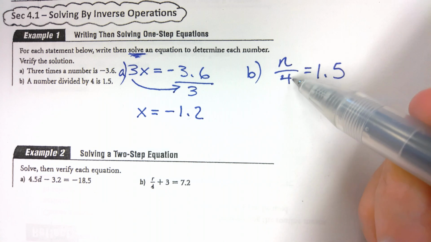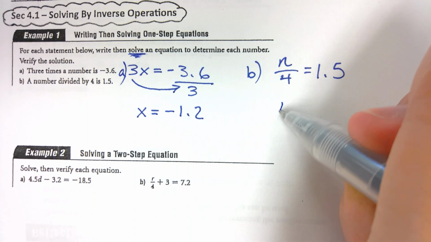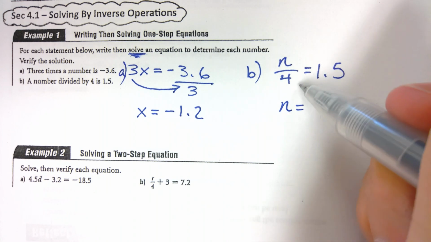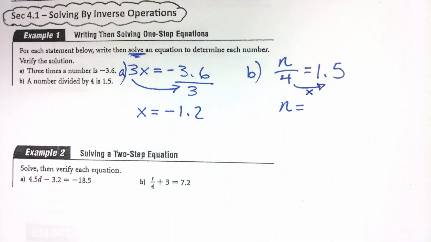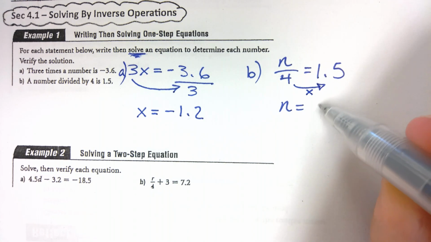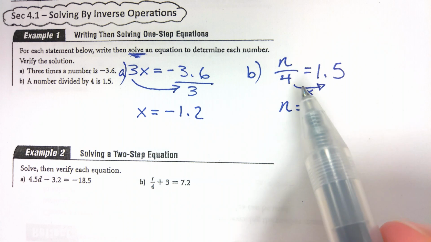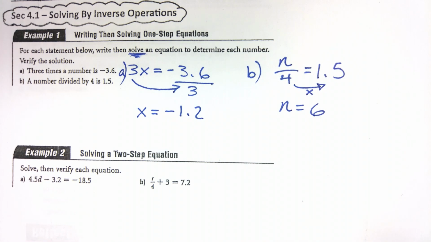So something divided by 4 gives you 1.5. How do I solve for n then? Jenny? You multiply both sides, so basically bring it over. Right, so you can do 1.5 times 4 and you get 6. And if you substitute back into the original, 6 divided by 4, you do get 1.5.